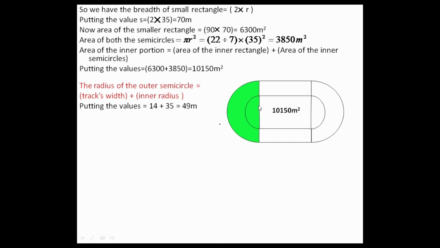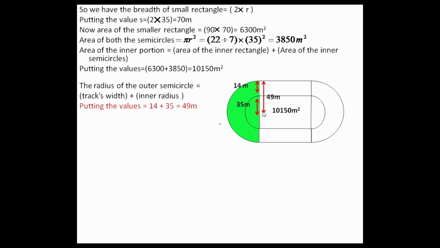How have I carried out the radius of this large semicircle? Now we already know the radius of this small semicircle and we know the track's width. Track's width is given in the question and 35 meter radius of inner semicircle we have calculated. Now what do you think, if we add these two values, track's width added to the inner radius of this small semicircle, will we get the radius of this large semicircle?